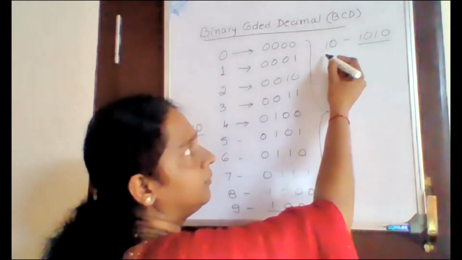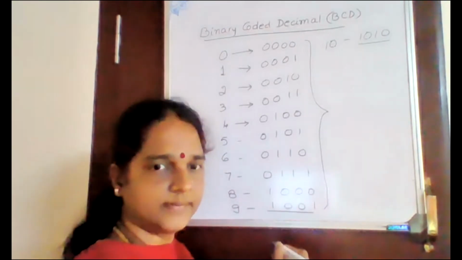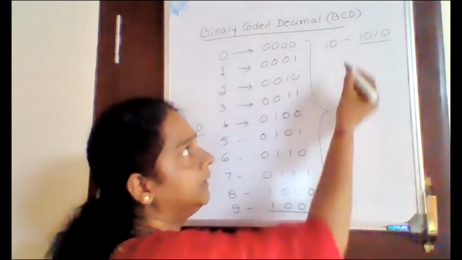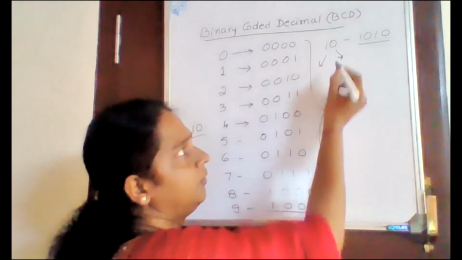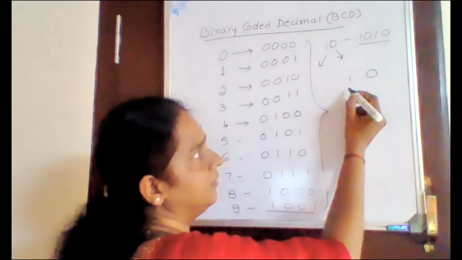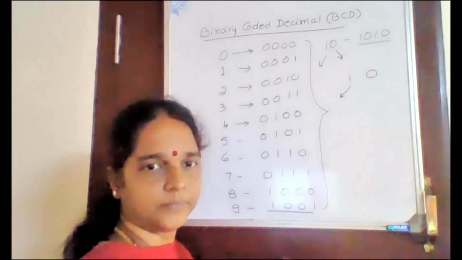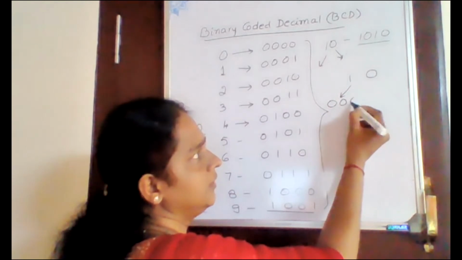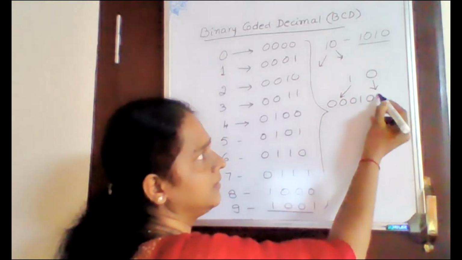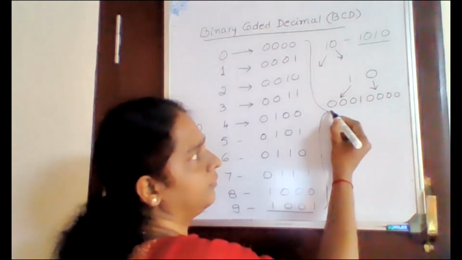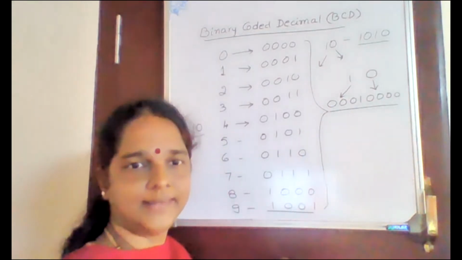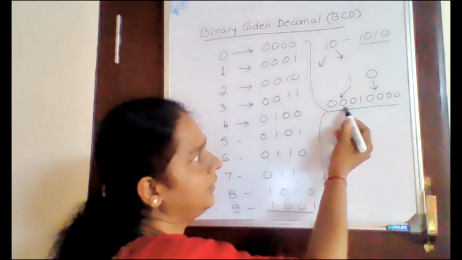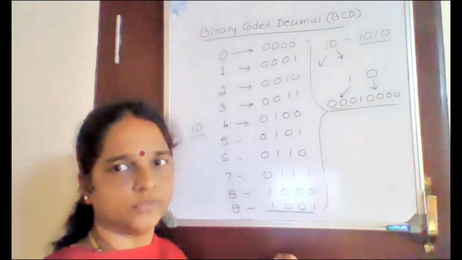To write 10 in BCD, we write the respective 4 binary bits for 1 and for 0. The 4-bit BCD code for 1 is 0001, and for 0 it is 0000. Therefore, 10 in BCD is nothing but 00010000. We can neglect the leading 3 zeros. Therefore, it is 10000.